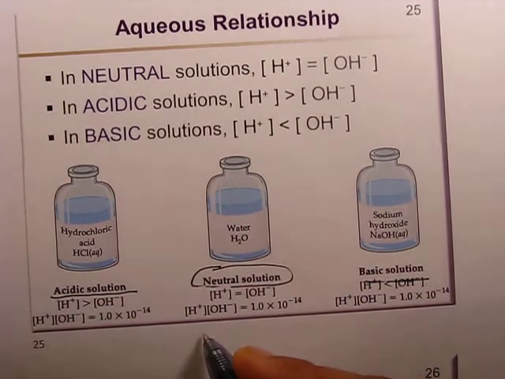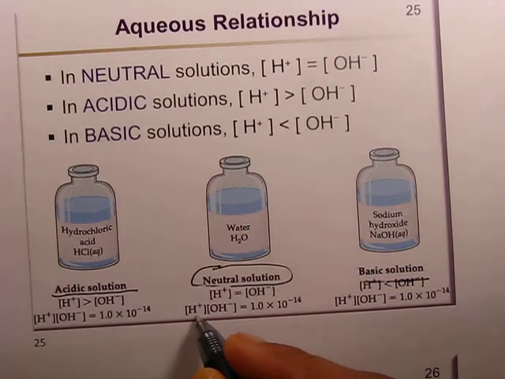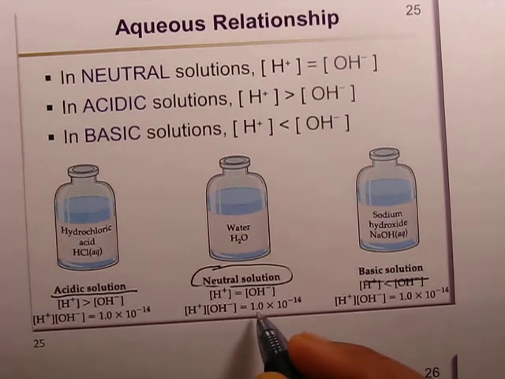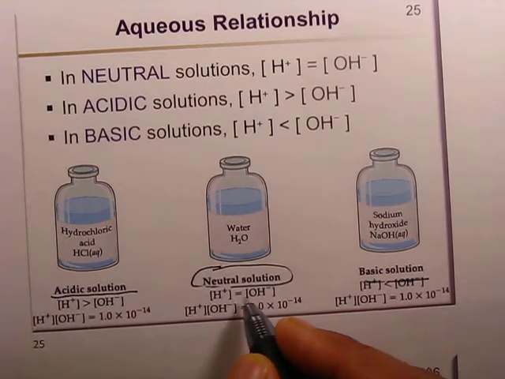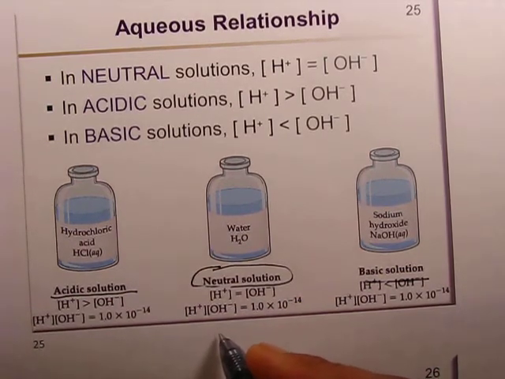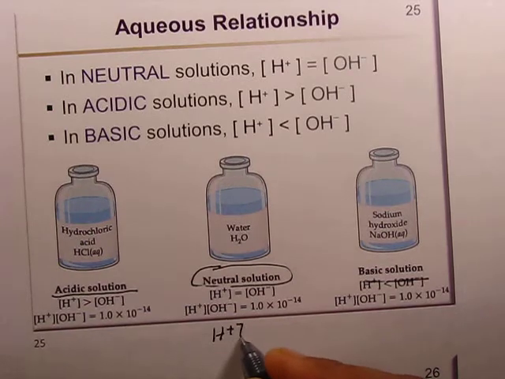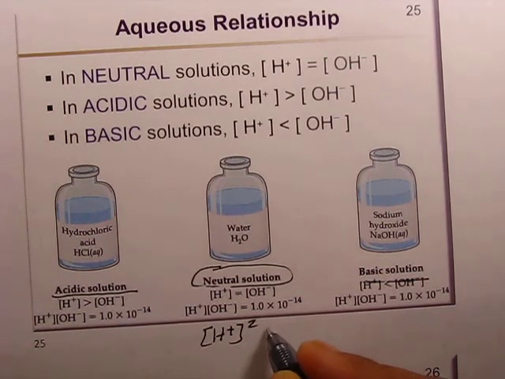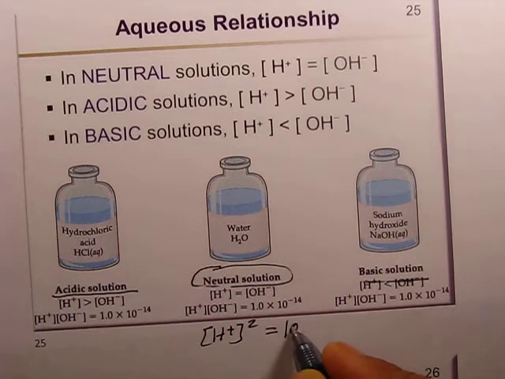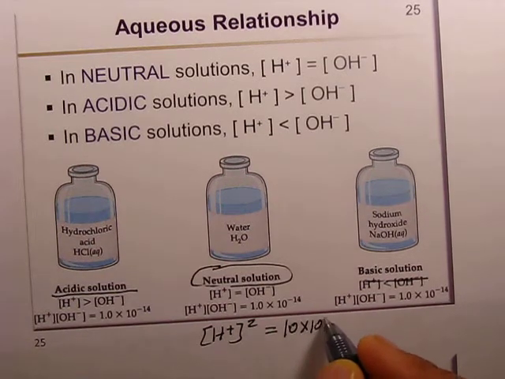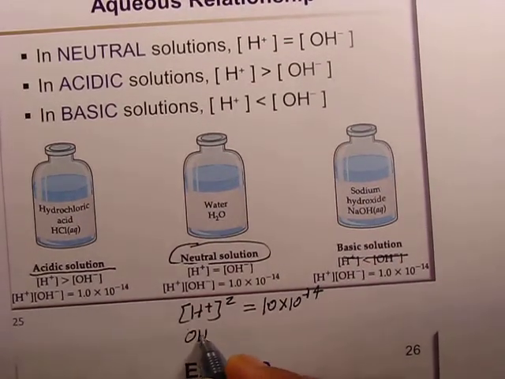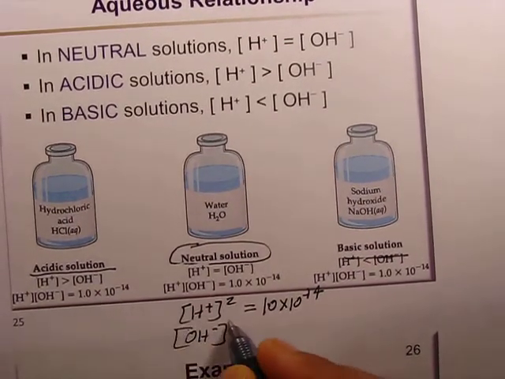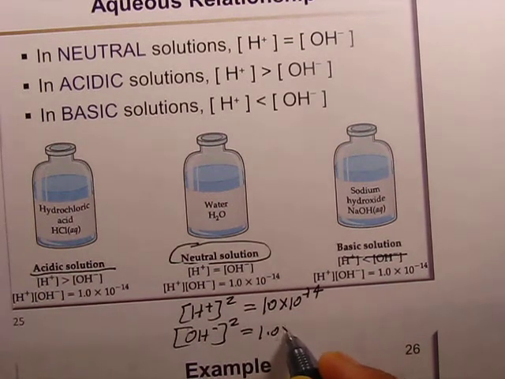So basically the product of hydrogen ion concentration and hydroxyl ion concentration is equal to 1.0 times 10 to the power minus 14, and if they are equal, then we can write that hydrogen ion concentration squared will also be equal to 1.0 times 10 to the power minus 14, or we can also write that hydroxyl ion concentration squared will be equal to 1.0 times 10 to the power minus 14.